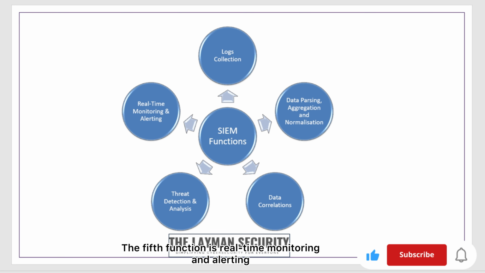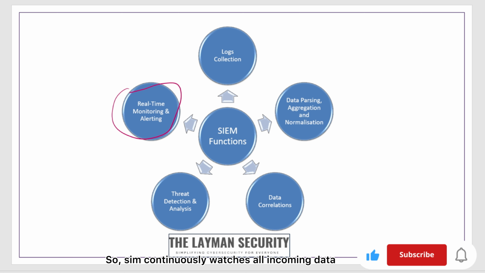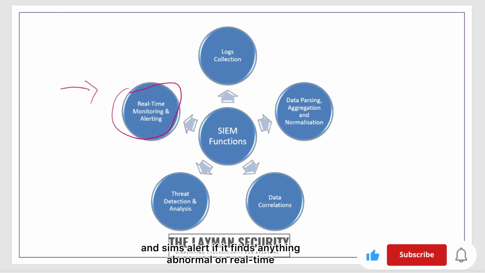The fifth function is real-time monitoring and alerting. SIEM continuously watches all incoming data and alerts if it finds anything abnormal in real time.